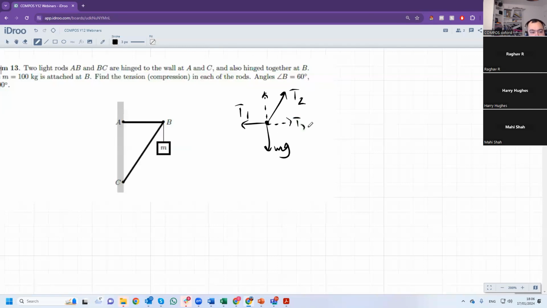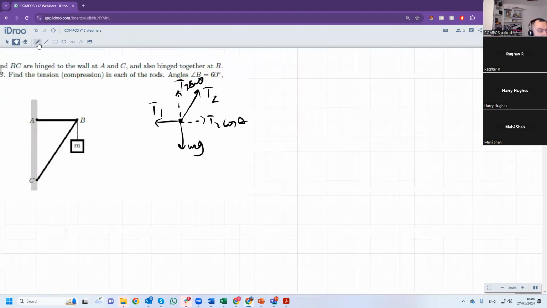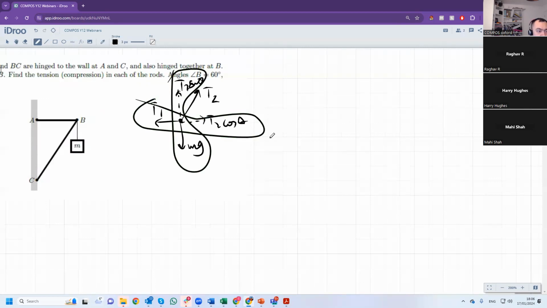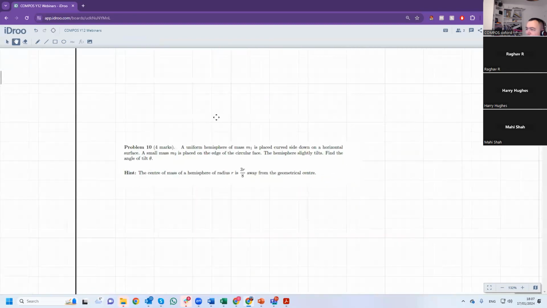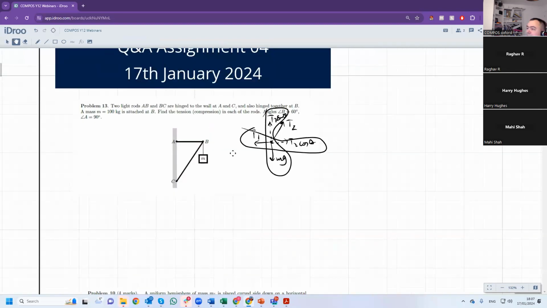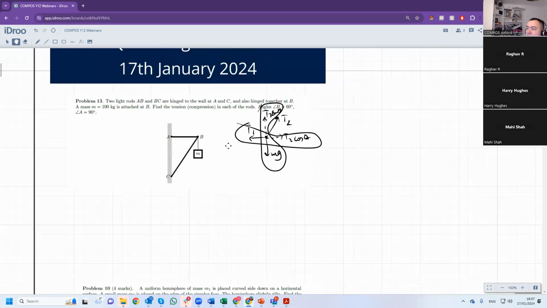This is T2 cos theta, and this is T1, T2 sine theta. And that's it. So you have two equations, one for the horizontal forces and one for the vertical forces, and two unknowns, T1 and T2. So, right. Does that help, Risham?